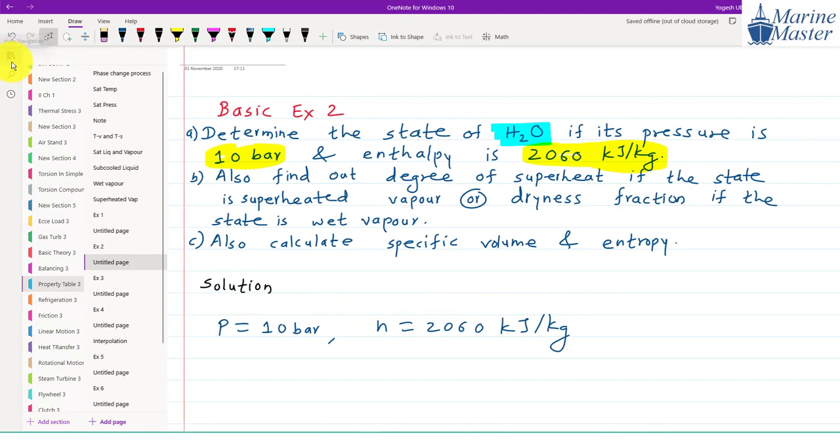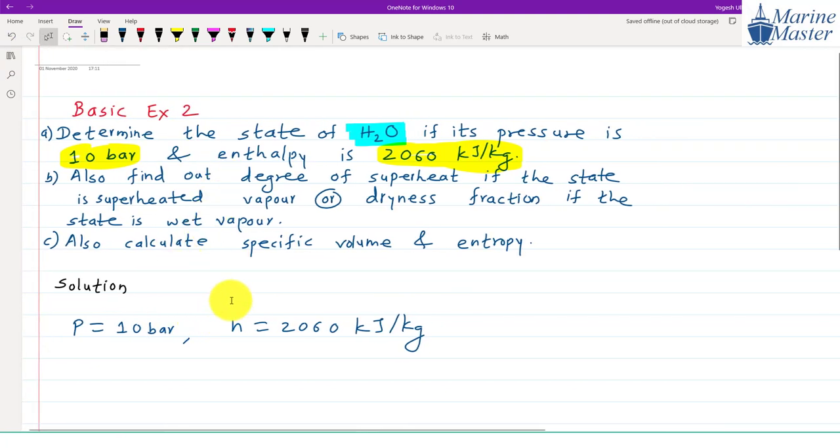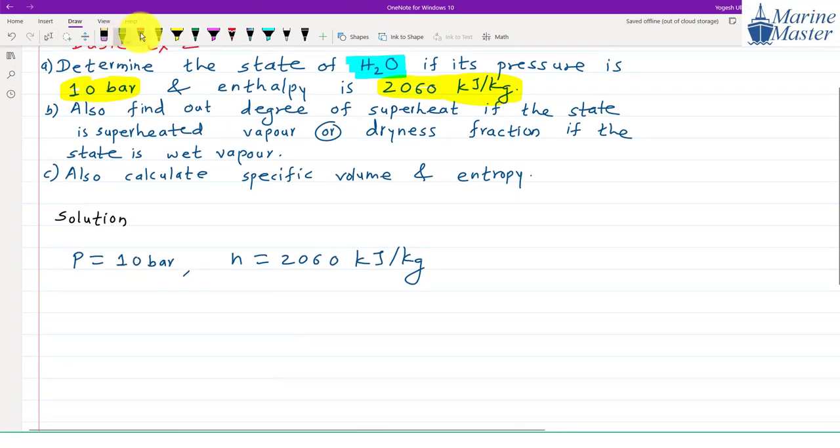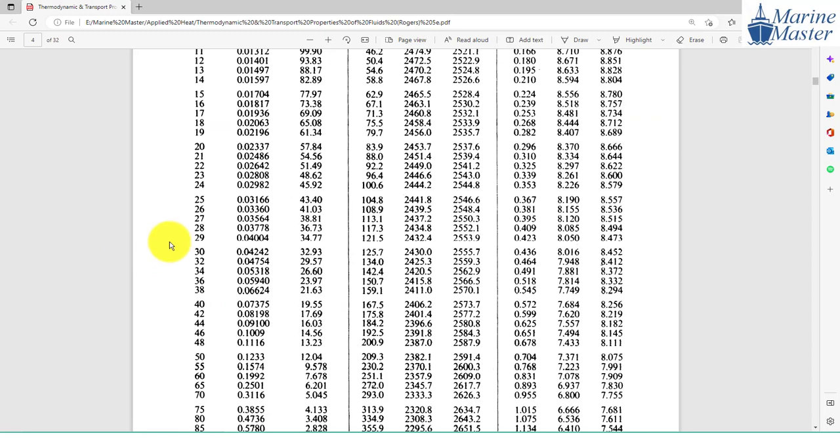So before going further, whenever we have enthalpy and pressure, we are going to find the enthalpy of saturated liquid, that means HF at 10 bar. We will go to the property table and find HF at 10 bar.